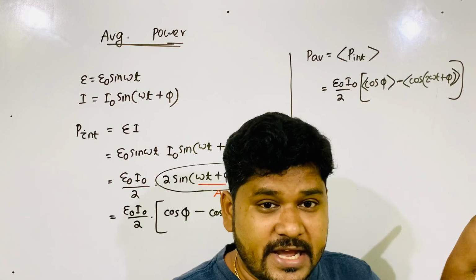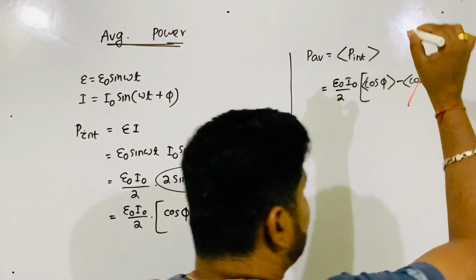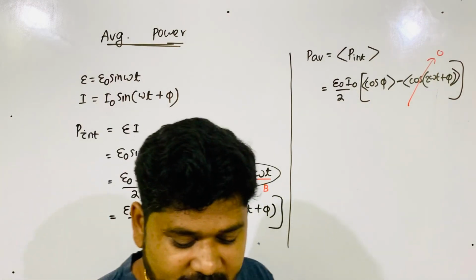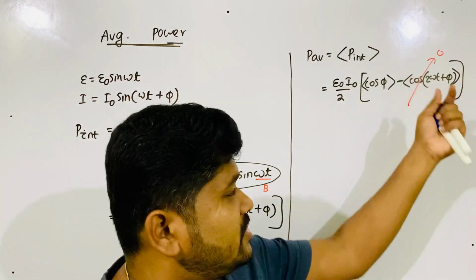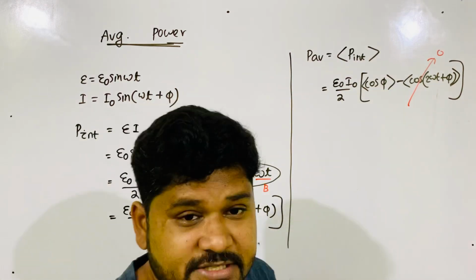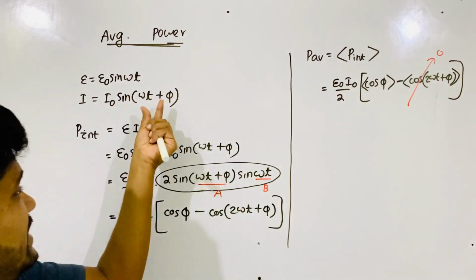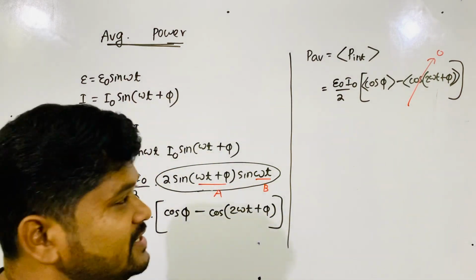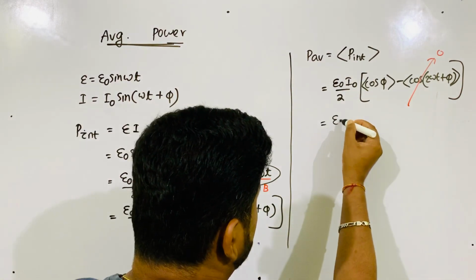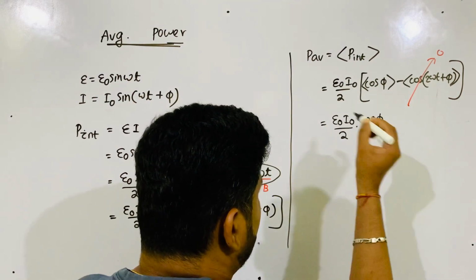In a full cycle its average will be 0, so directly you can write that the average of cos(2 omega t plus phi) is equal to 0. But this cos phi is a constant, since phi is a constant in the circuit. So now this is E naught I naught by 2 cos phi.